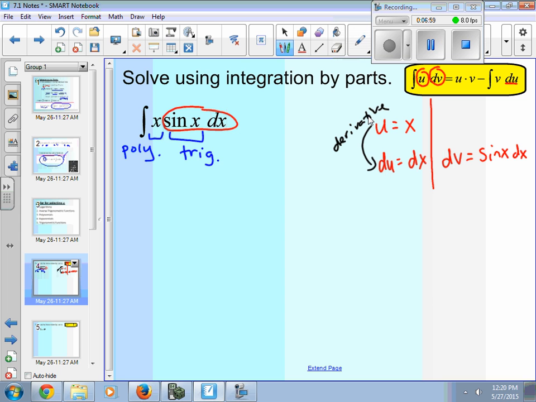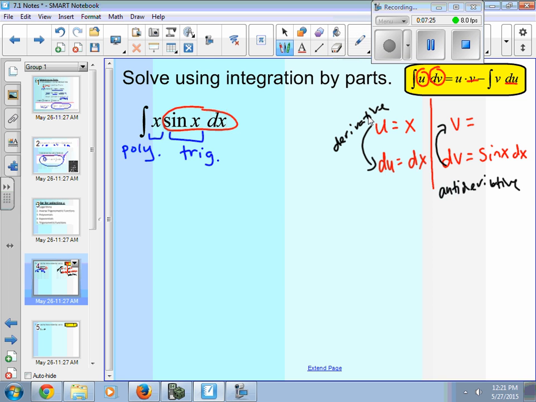On the other side, we also need to find, at some point, v. So we need to know, what does v equal? And to do that, we're moving the opposite direction. We need to find the antiderivative on this side. So the antiderivative of dv would be 1 v.